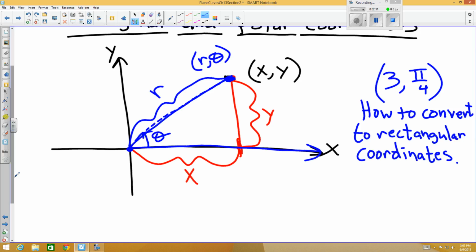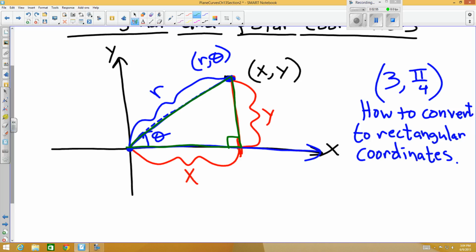Well, for that, again, we can use a bit of trigonometry here. Notice that we have a right triangle. Here's our right angle. And we have an angle theta, and we have the three sides of the triangle mapped out. So we can write down some equations.